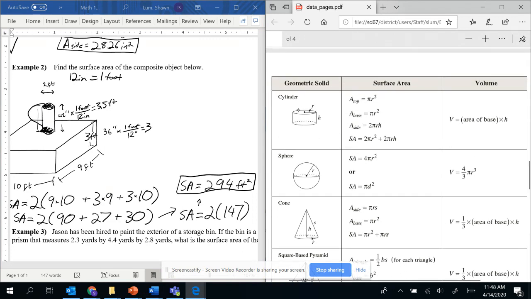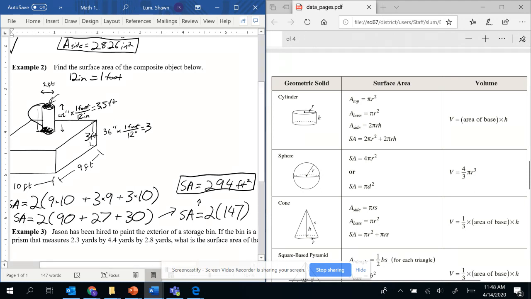We've already put that little circle down here and made it part of that box again. So all I need to do is essentially find the surface area of the side of this cylinder.